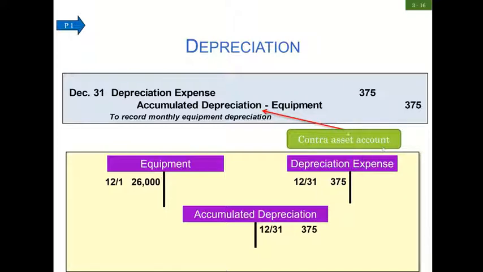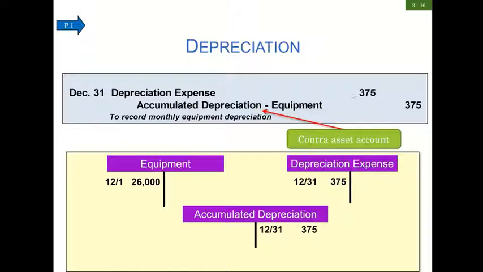When we present the equipment in the balance sheet or statement of financial position, we show the accumulated depreciation separately from the equipment account, because we don't need to eliminate the original cost of the equipment.